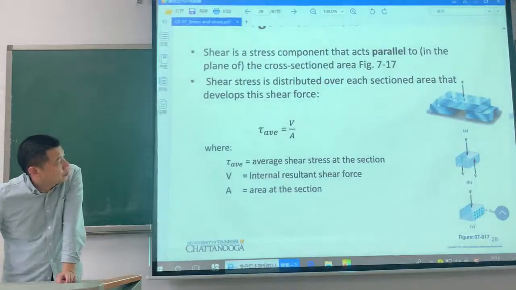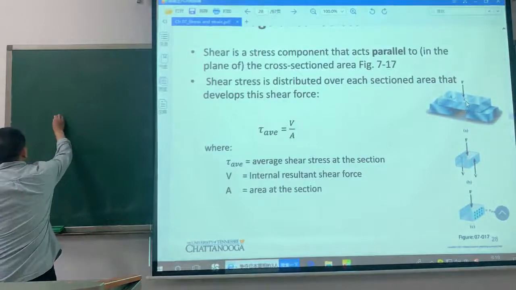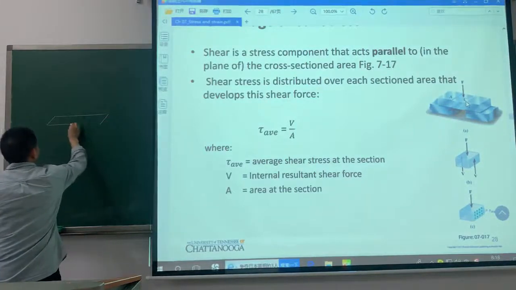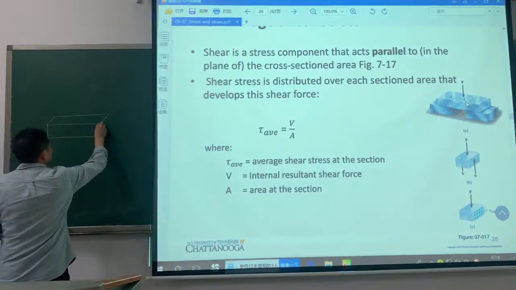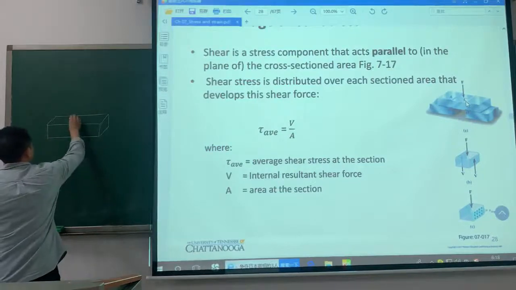For this one, AC, I drew the free-body diagram of the top rod, AC. Look at that.